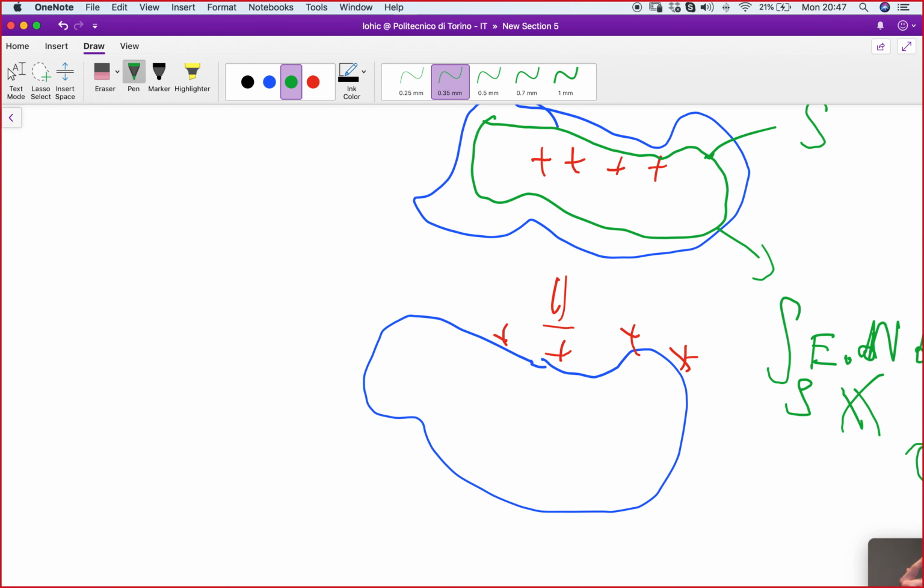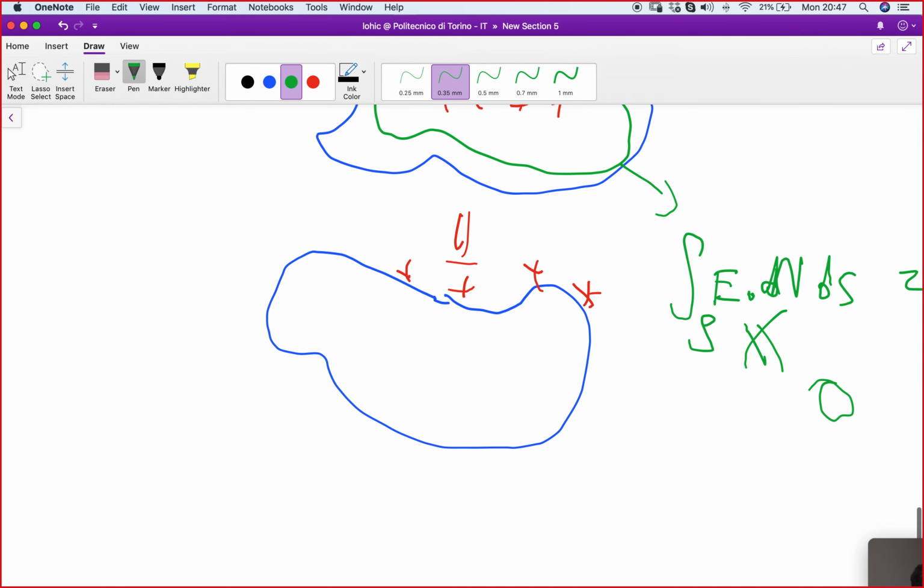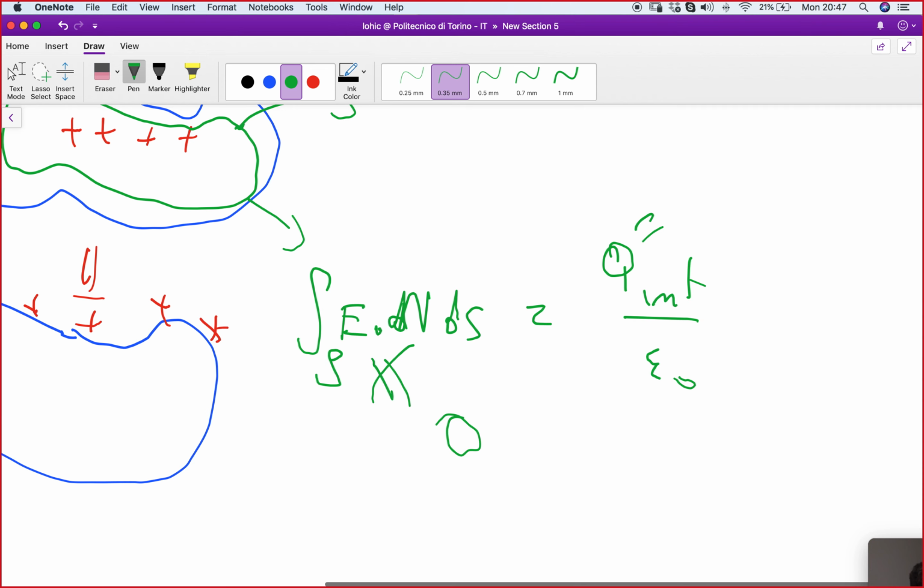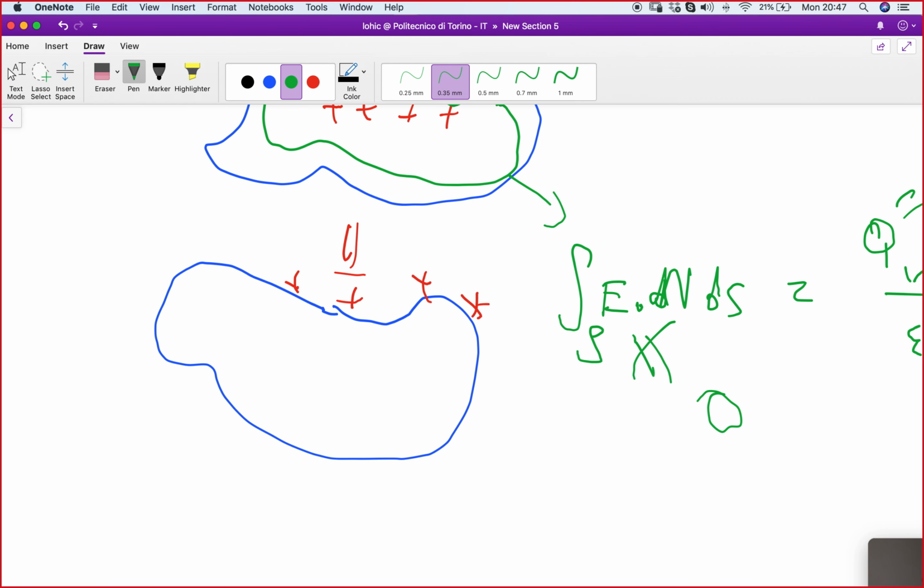But if the charge is 0, then the electric field will be 0. In fact, if Q in is 0, the flux will be 0, and thus the electric field will also be 0. Is that clear?